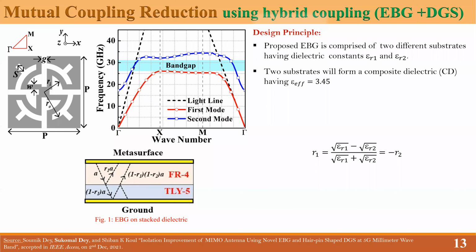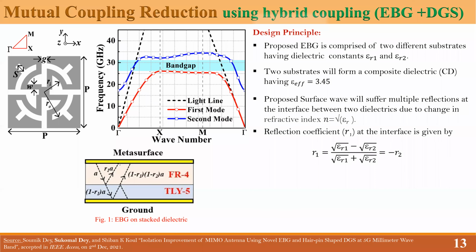Here the design principle is a structure sandwiched between two substrates with different dielectric constants, one FR4 and one TLY5, with a metasurface in between. This is the way one can generate electromagnetic bandgap structures.